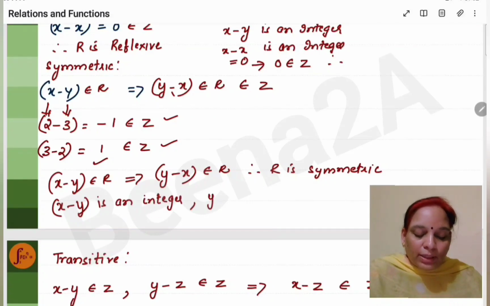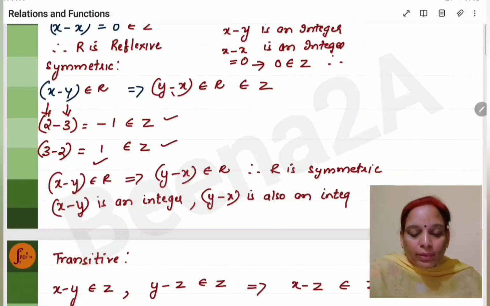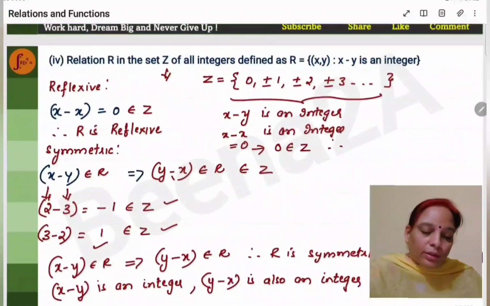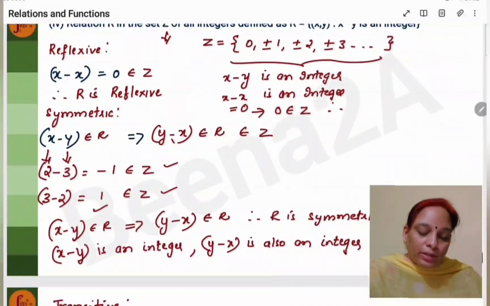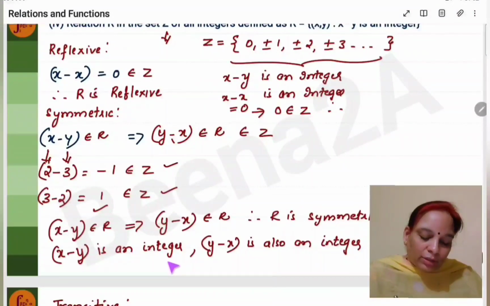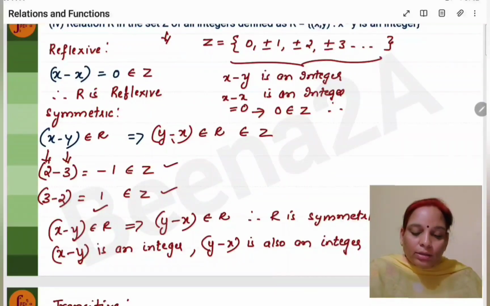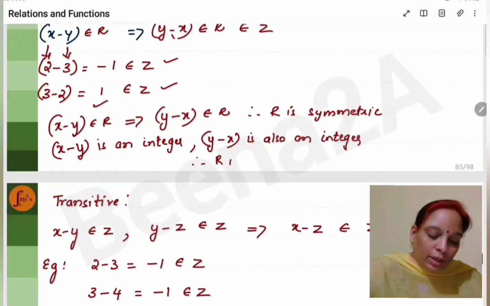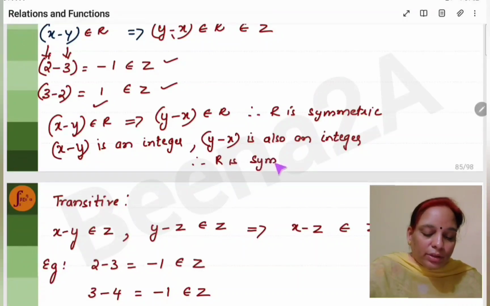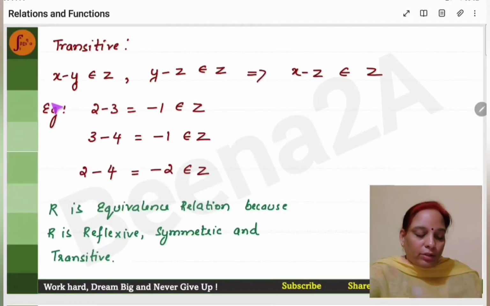This implies that y minus x is also an integer. That is the relation here. The relation is x minus y should be an integer, so x minus y is an integer, and y minus x is also an integer. Therefore R is symmetric.